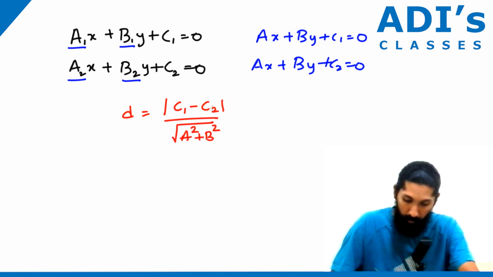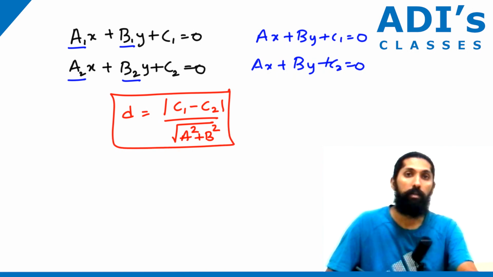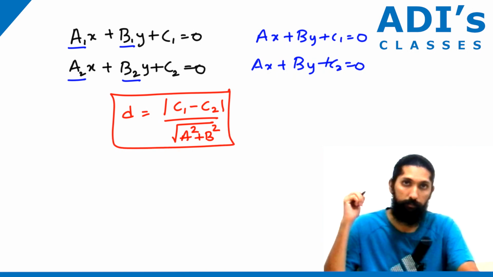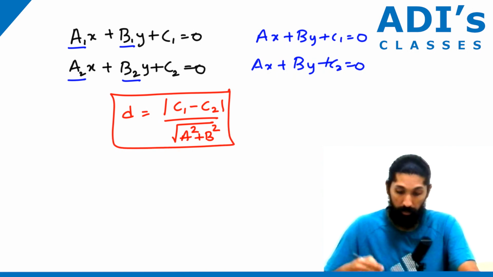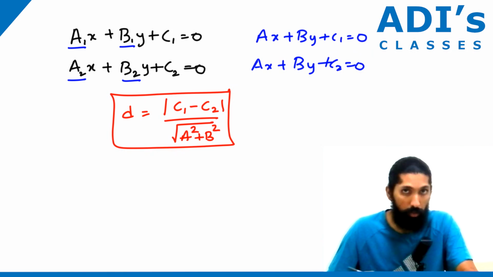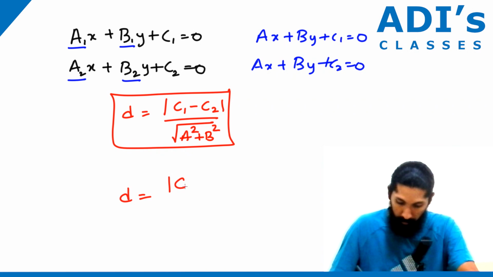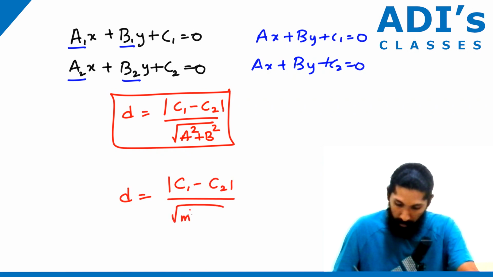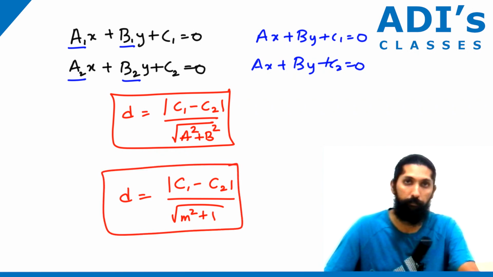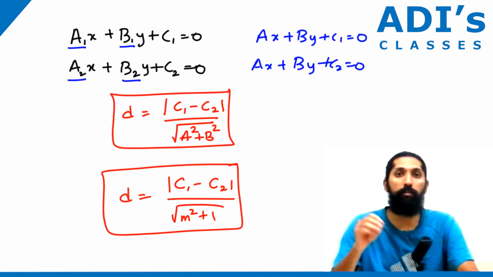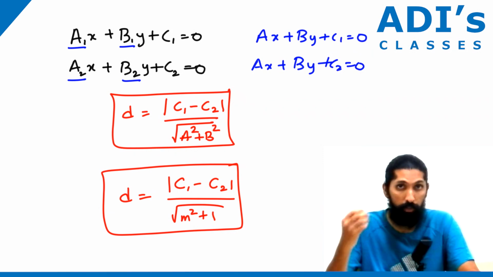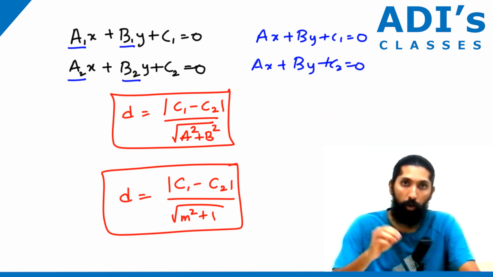This is the distance between two parallel lines. Clear? If it is in the form of y is equal to mx plus c, then d is equal to mod of c1 minus c2 divided by root of m square plus 1. Both are pretty much one and the same. Now that you have understood the formula and the derivation, we'll start with a few problems based on the concept we have learnt.